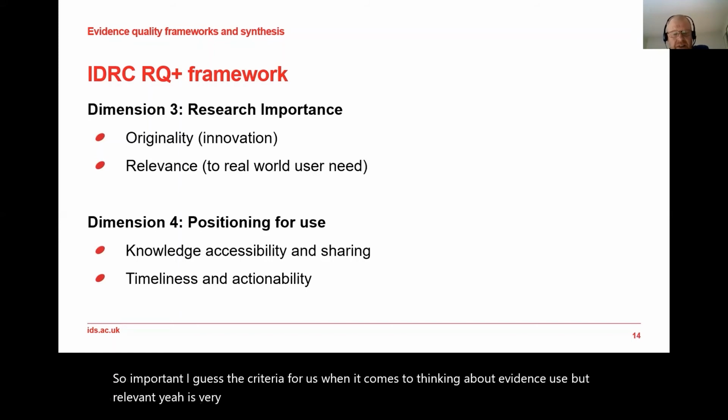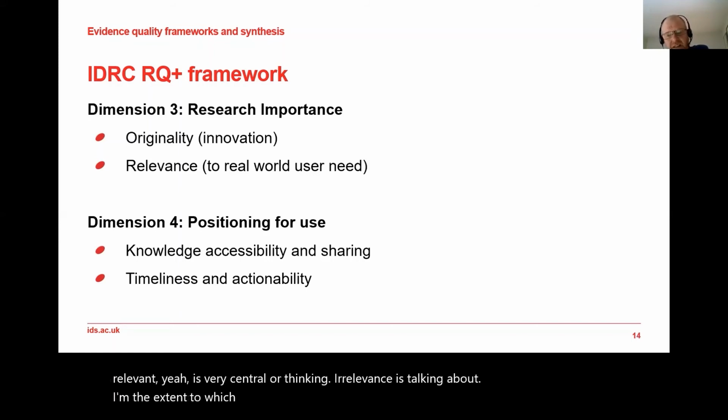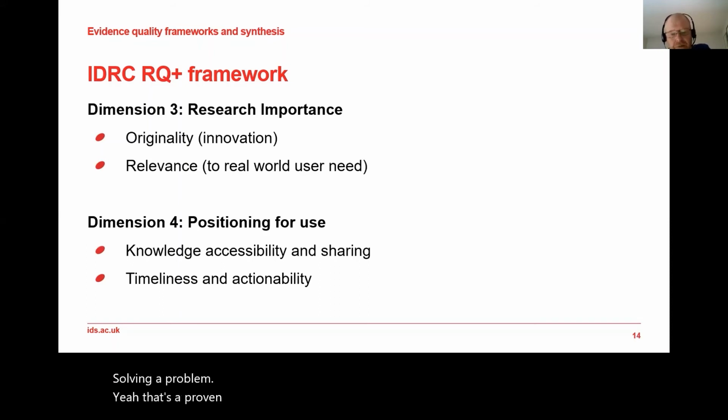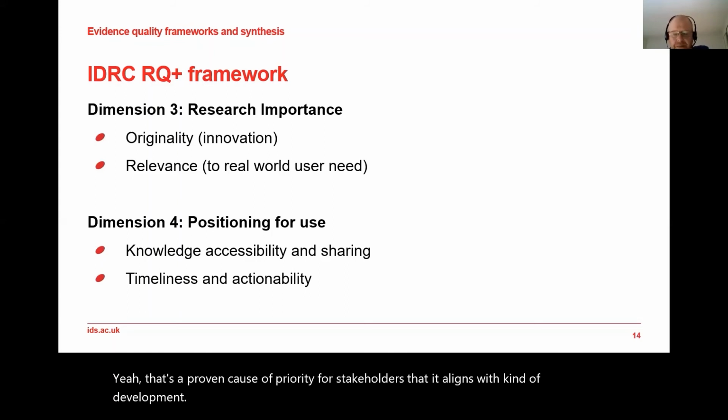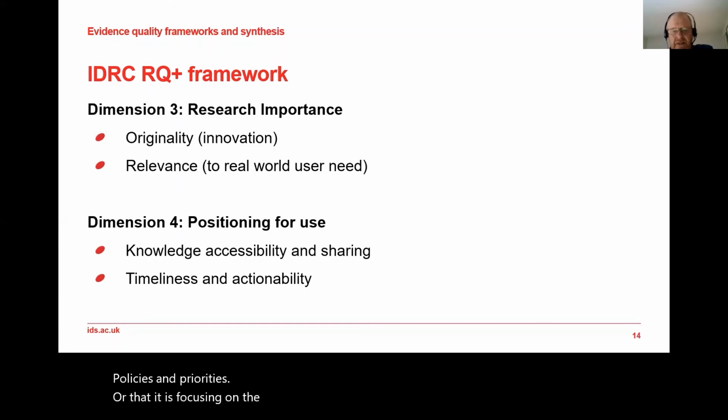Relevance is talking about the extent to which the research is answering or solving a problem that's a proven priority for stakeholders, that it aligns with development policies and priorities, or that it's focusing on an emerging problem that's likely to demand solutions in the near future.